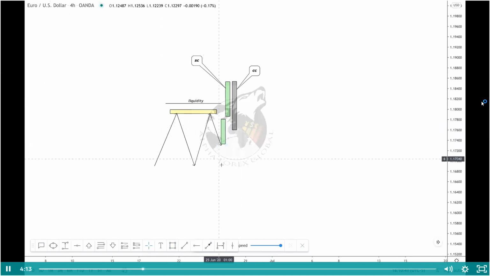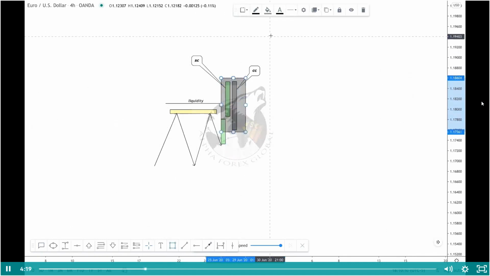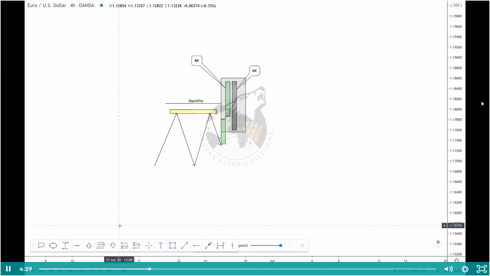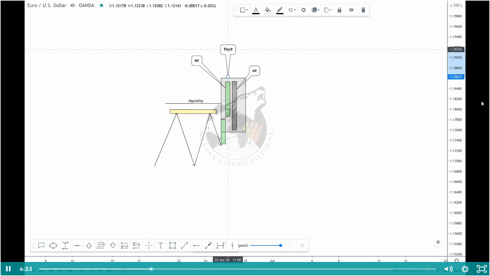So this entire move right here, when I see this, is a buy to sell.